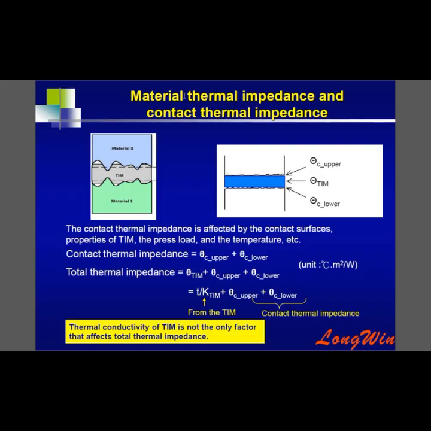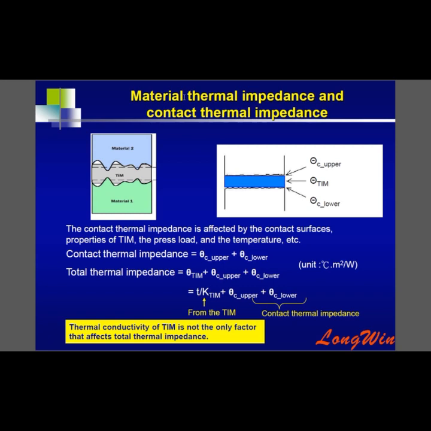In total, there are 3 factors. So we need to consider it as a whole system, because if we just want to increase the thermal conductivity of the thin, but on the other hand, we increase the contact resistance, which is not a good way to solve the issue.